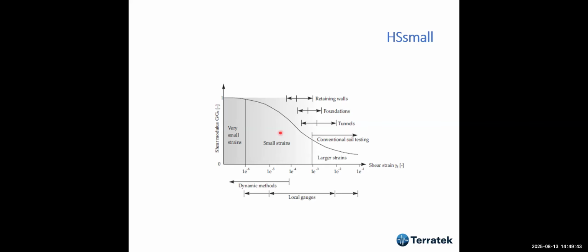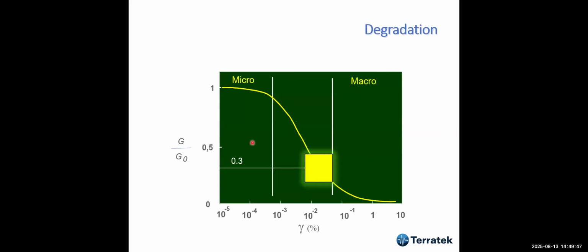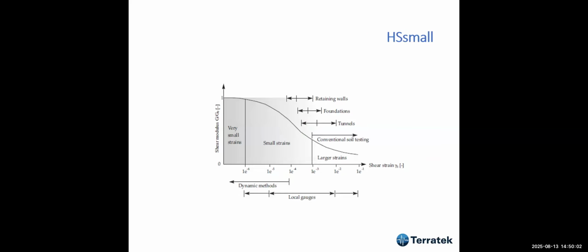So what we do know is that if we degrade the modulus by, say, multiplying by 0.3, we get data very close to E50 or something like that.